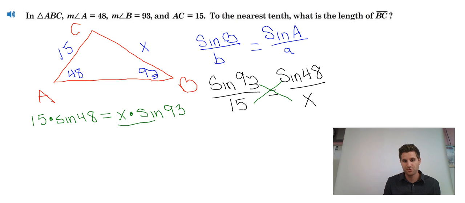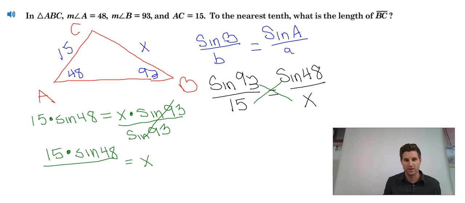It's multiplying, so we can divide. We divide by sine 93, and that cancels out. Whatever I do to one side, I have to do to the other. So x is going to equal 15 times sine of 48 over sine of 93.